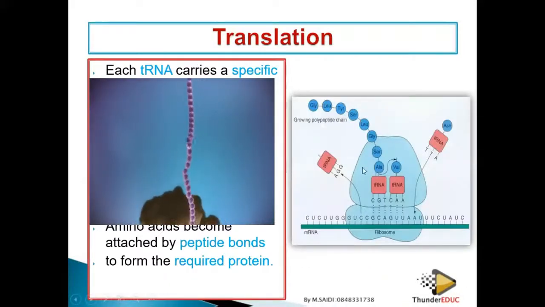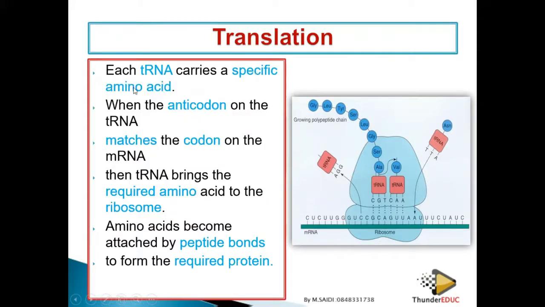This is exactly what is happening. Each transfer RNA carries a specific amino acid. It cannot carry another amino acid, no. And when these 3 anticodons match with these codons, for example T goes with A, and then A goes with U, when they match like that, what happens?